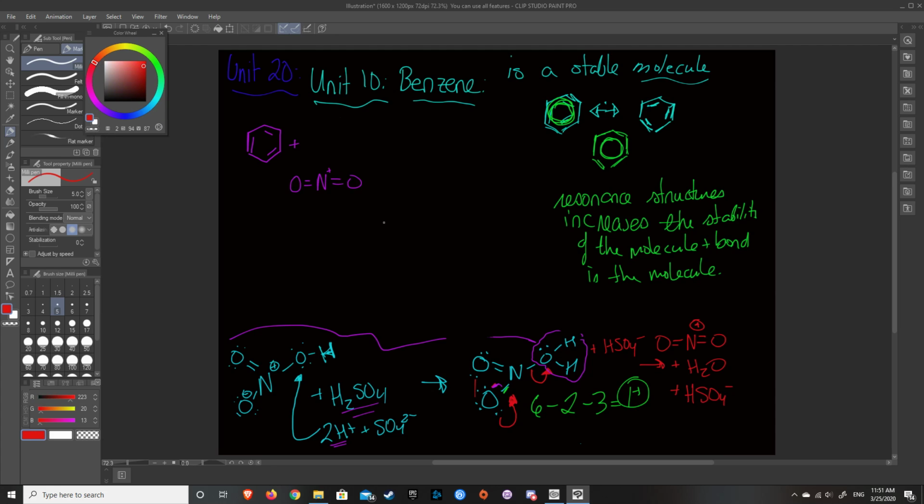So what occurs is that, we said that this NO2 is extremely electrophilic. So what happens is that this double bond in here will come out and attack the nitrogen.